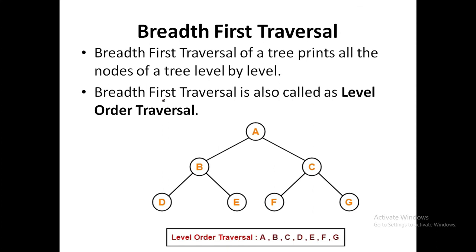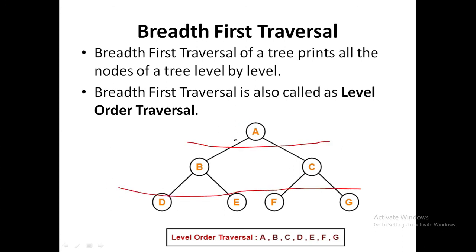Next is breadth first traversal. Breadth first traversal means we write the tree in an array format. It means level by level format. It is also called level order traversal. So we have to mark each level.